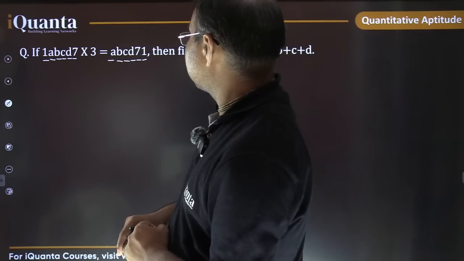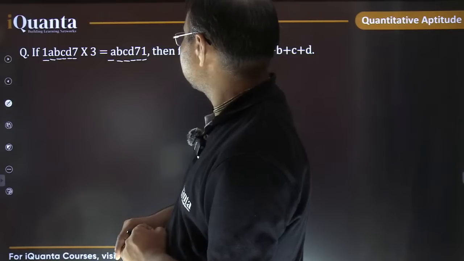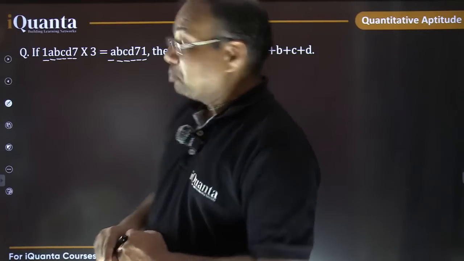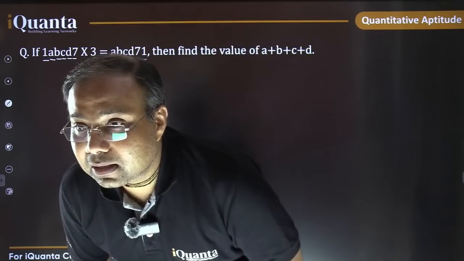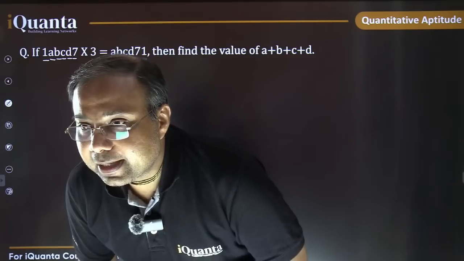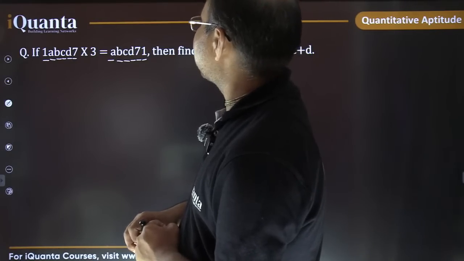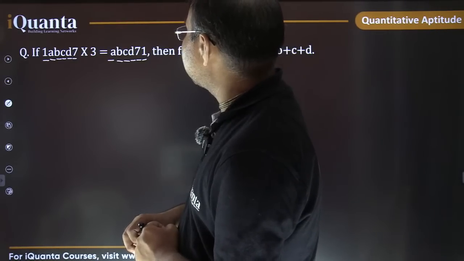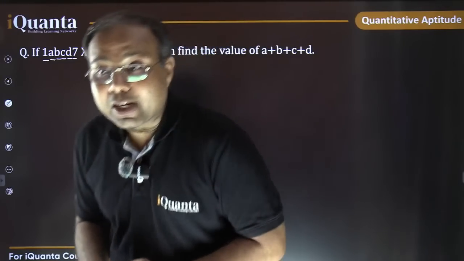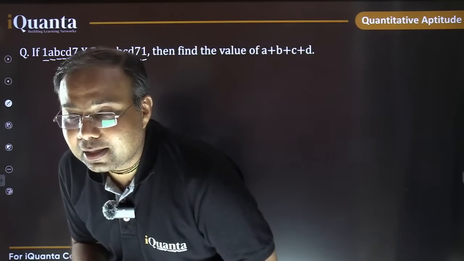Okay. What else? Anything else? Aniket says D plus 2 is 7. That's a good thing, but it is not D plus 2, it is 3D plus 2. It would be 3D plus 2, Aniket, isn't it?